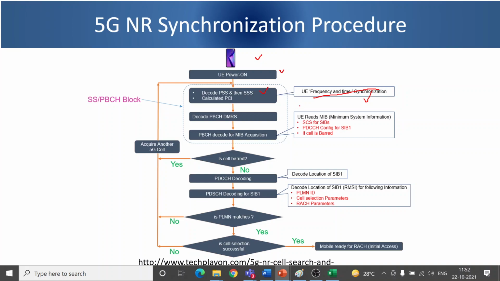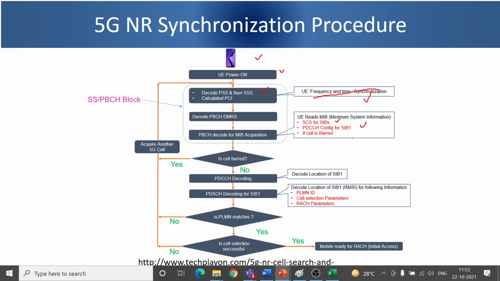Just understand. Within the PBCH, it has the master information block, which consists of many parameters for subsequent action. For example, some of the parameters would be: the next system information, SIB we call it, what subcarrier spacing is used in the upcoming SIBs, and where it can locate the physical downlink control channel, right?